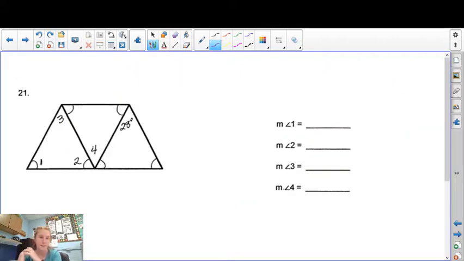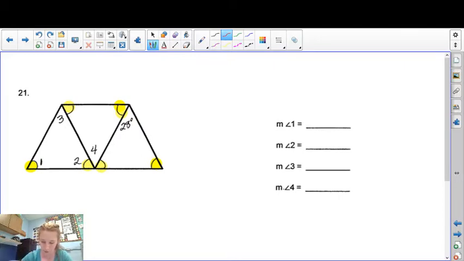All right, and last one. So if you notice, any angle that has this mark means that they're all congruent. I don't know why. Sometimes it's dull and sometimes it's not dull, but okay. So all of those angles are congruent. So 1 and 2 should be the same angle degree.